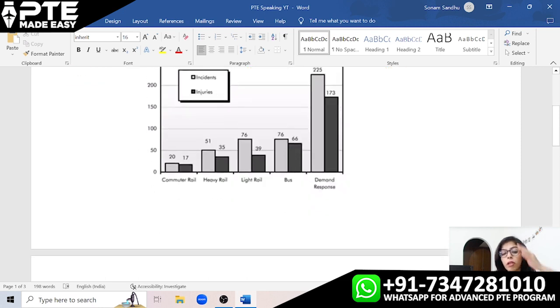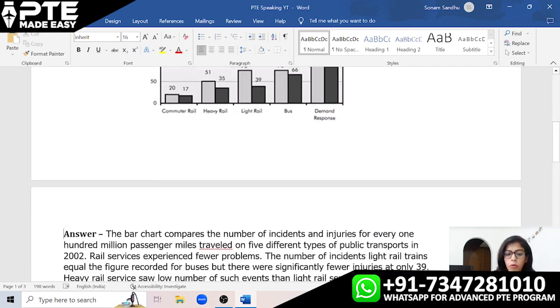So we need to simply look at this and understand what is there to speak upon. Light rail and bus, these two have the same figure. Then there are heavy rail and light rail. Injuries in heavy rail and light rail were quite similar to each other, with a minor difference of 4 in the injuries.